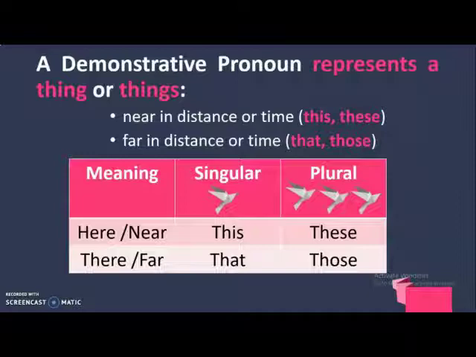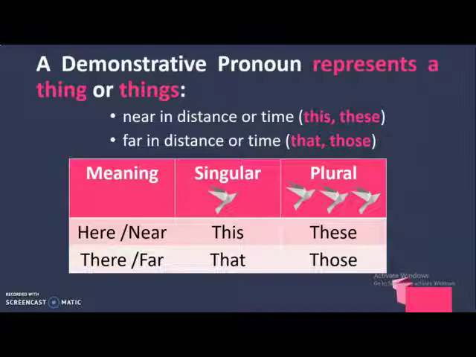We have only 4 of these demonstrative pronouns. This and that are singular demonstrative pronouns, while these and those are plural demonstrative pronouns.